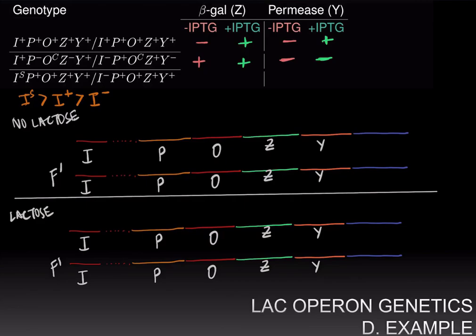It makes sense because the I minus simply doesn't make a functional repressor, whereas the IS allele makes the super repressor, which represses or binds the operator irrespective of whether you have lactose or not.